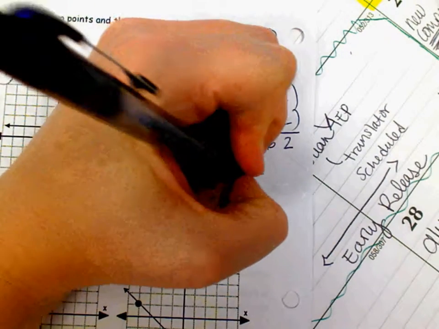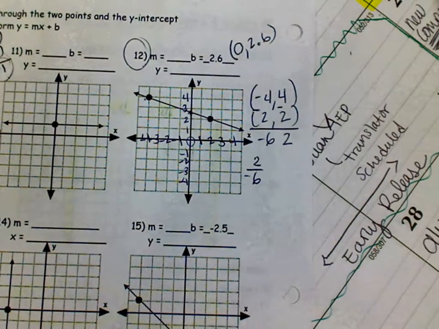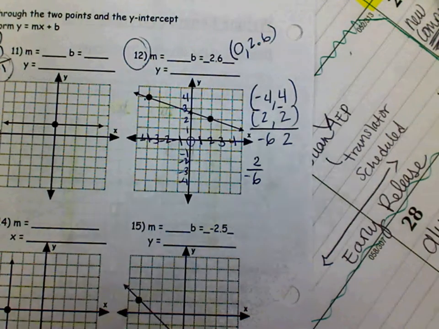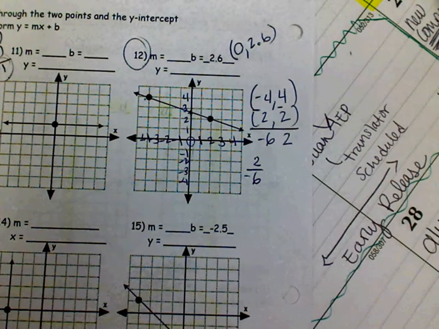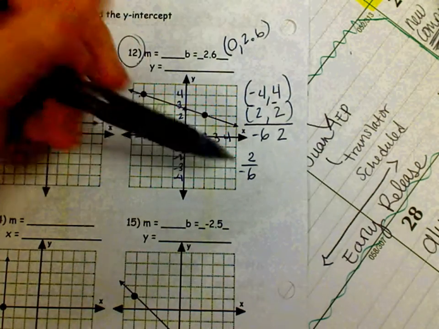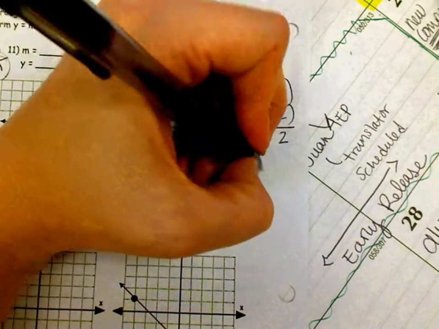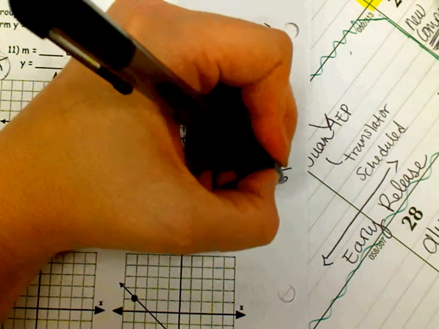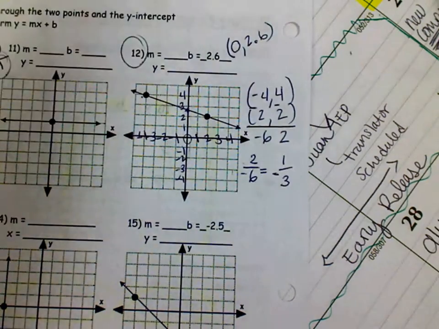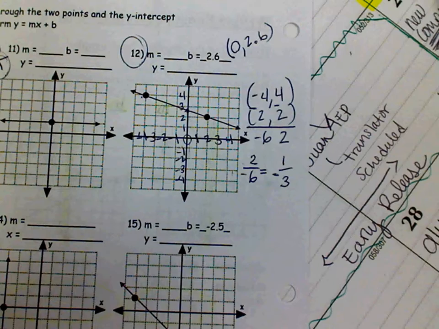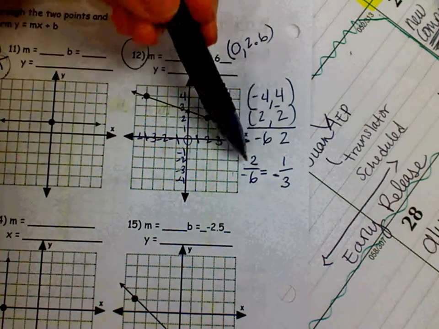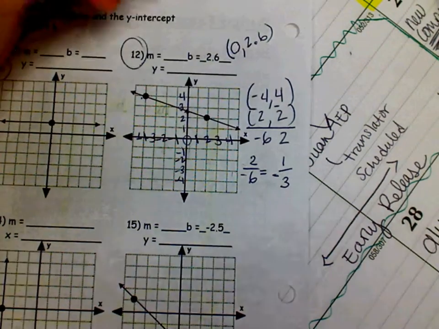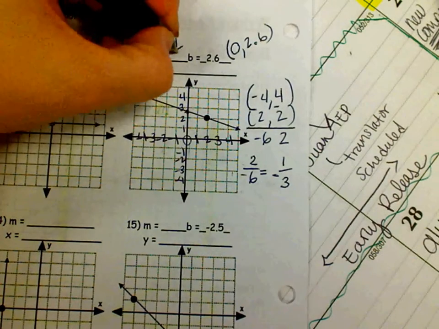And this one will be 2 over negative 6. That is not simplified. On your calculator, you would use the ABC button to check and see if it's simplified, but I'll just go ahead and tell you this one is not. So this actually simplifies to negative 1/3. When you divide the top and the bottom of the fraction by 2, you get 1 over 3. So m equals negative 1/3.